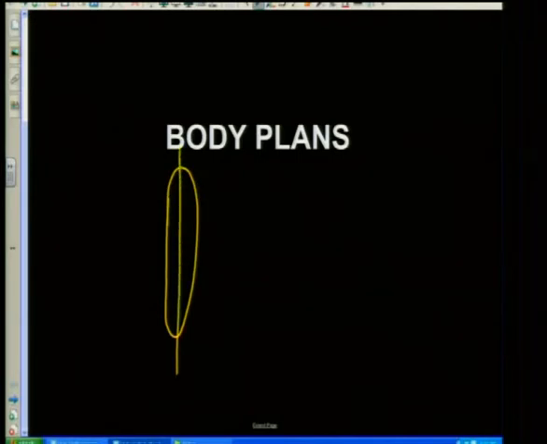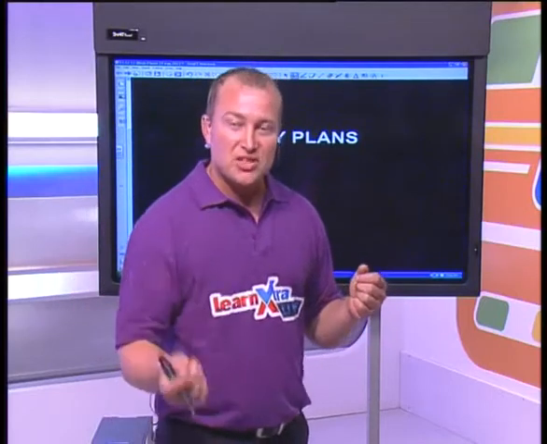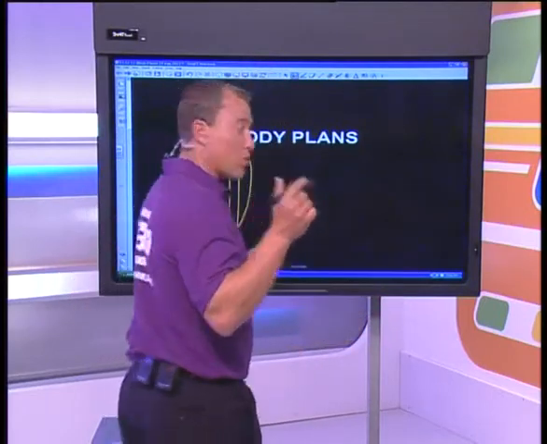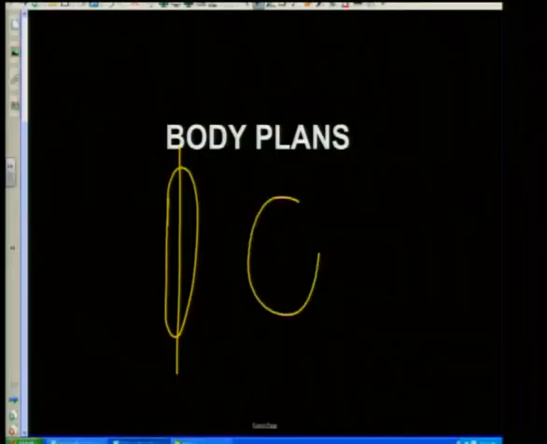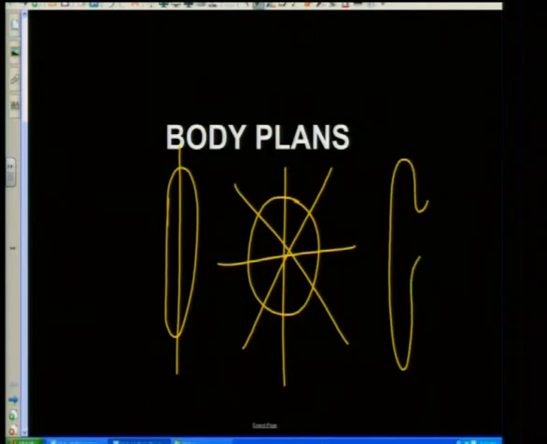Half was this side, half was that side. The next one was radial symmetrical. You can cut it in any way you want. It was plain and simple. And then the last one is asymmetrical, which means you've got no chance to actually cut this in half. If you have a look at that, you could not cut it in half.